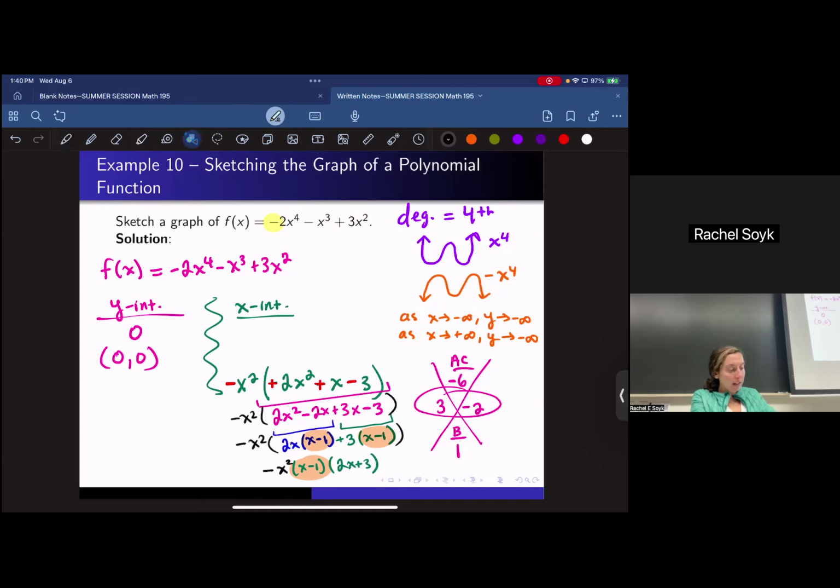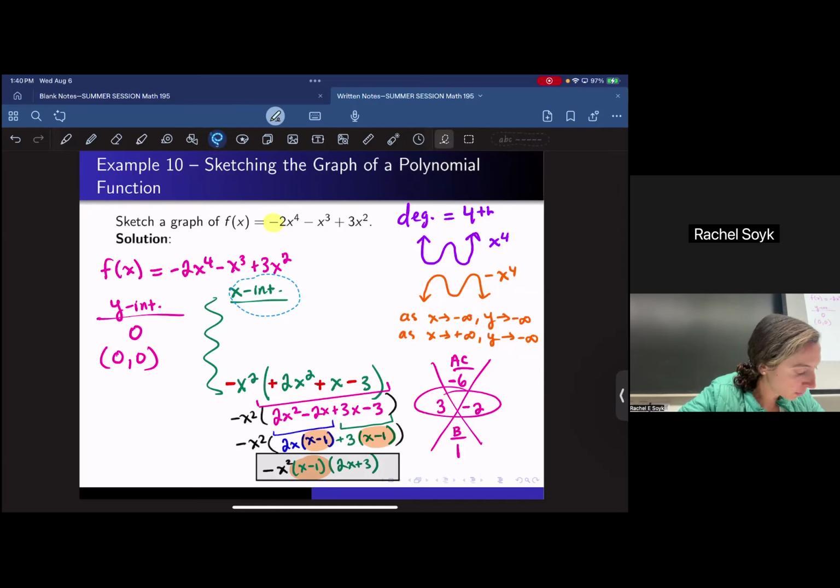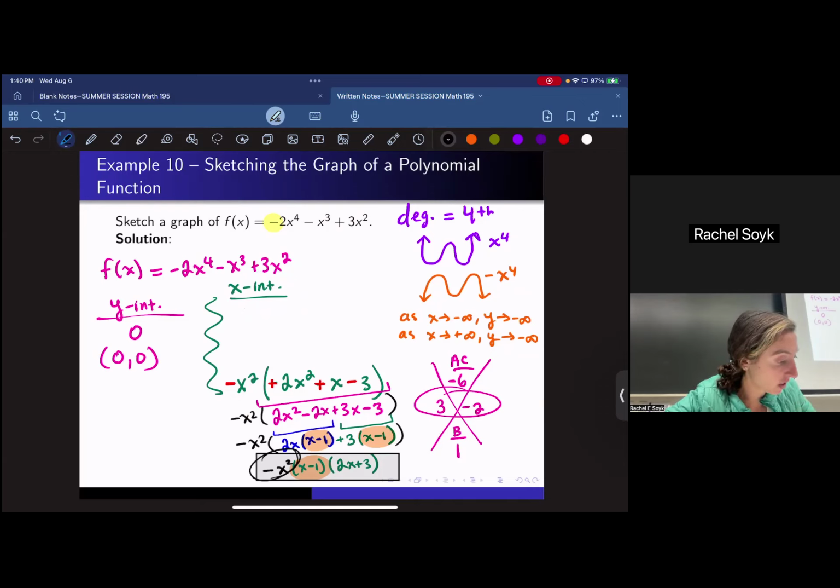So now that it's factored quite nicely, you can very clearly see what your x-intercepts are. We have some multiplicities that take place, right? That negative x squared gives us a 0 root with multiplicity of 2. So x equals 0 with a multiplicity of 2.